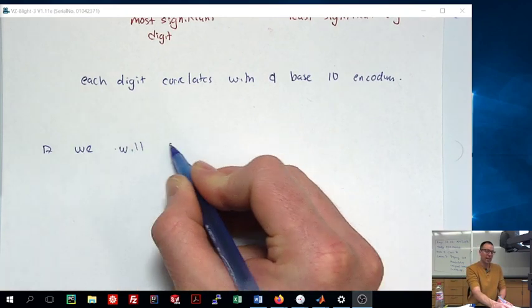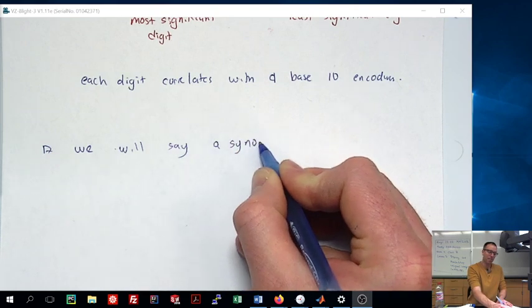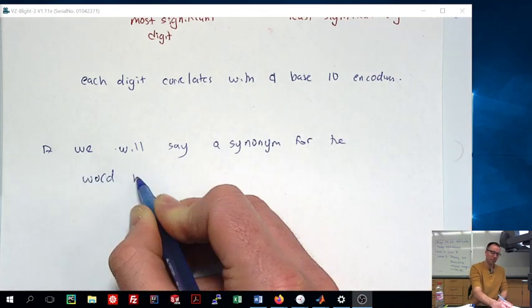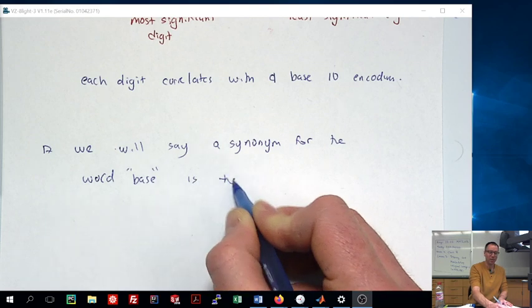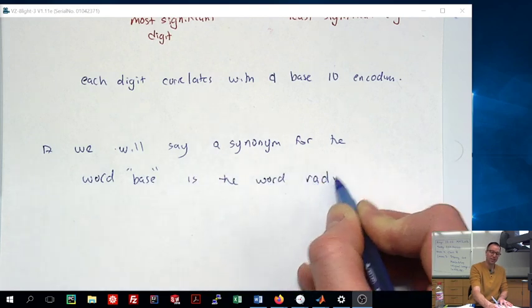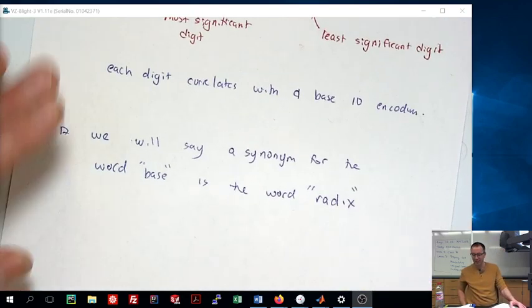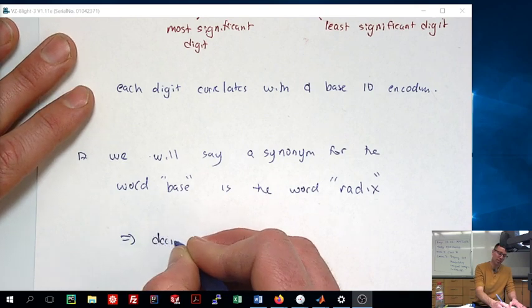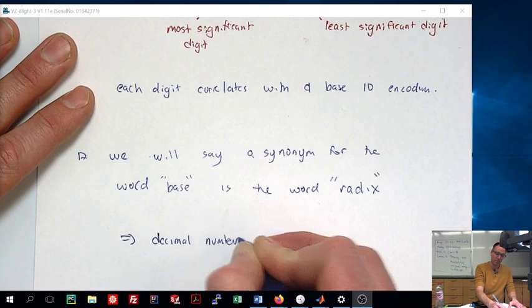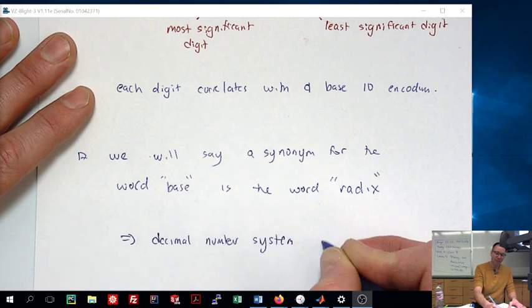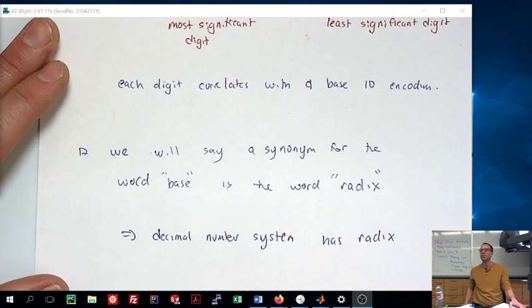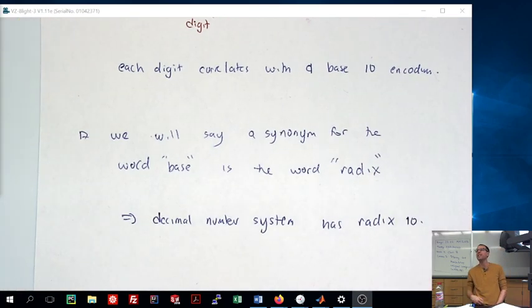We will say a synonym for the word base is the word radix, R-A-D-I-X. So, which implies what we call the decimal number system has radix what? What's the value? What base are we capturing? 10. So say that sentence for me. The decimal number system has radix 10.